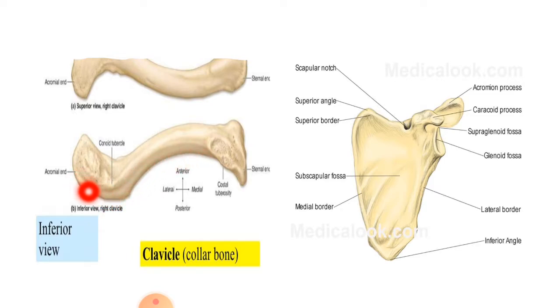If we look at the clavicle from the inferior aspect, you can appreciate another projection, which is the conoid tubercle. This tubercle is for the conoid ligament, which is part of the coracoclavicular ligament. This ligament attaches the clavicle to the coracoid process of the scapula.